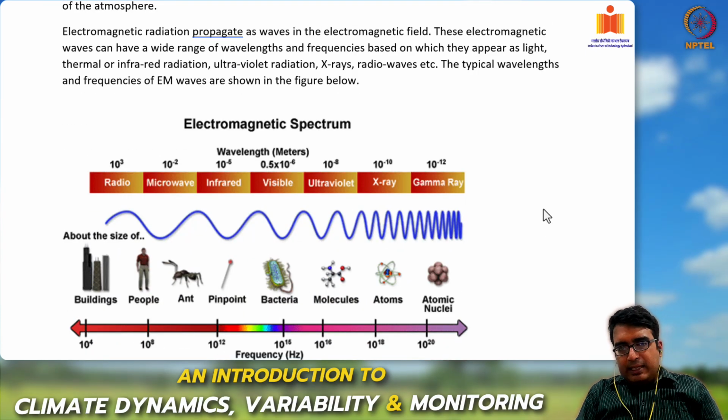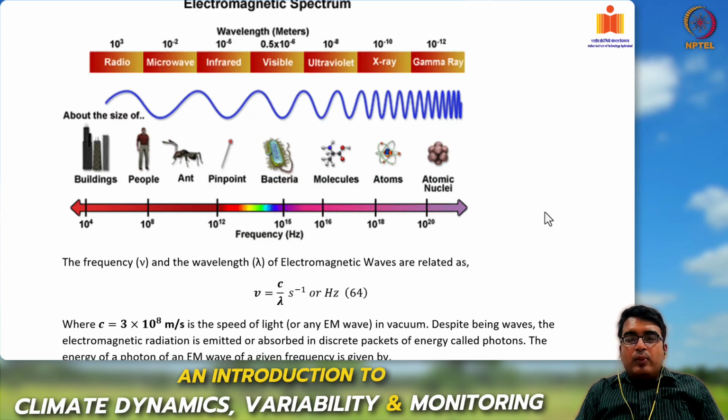As we said, electromagnetic waves or electromagnetic radiation is basically waves of different wavelengths. Based on the wavelength and the corresponding frequency, we call them by different names. For example, radio waves are waves with a wavelength of the order of a kilometer or more, whereas gamma rays are extremely short wavelength waves with wavelengths of order 10 to the power minus 12 meters.